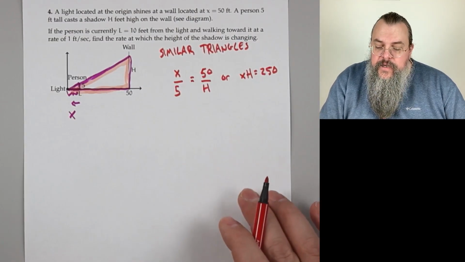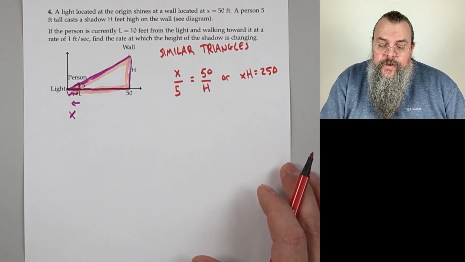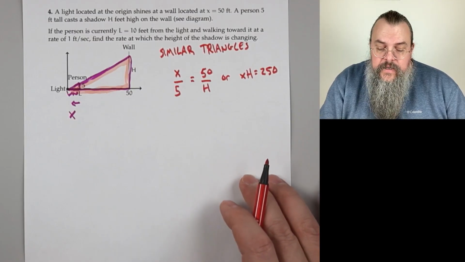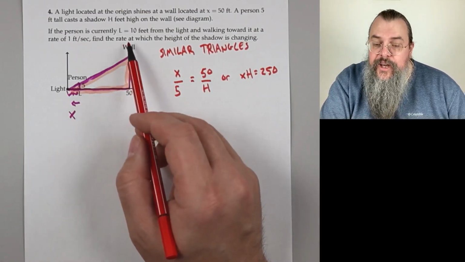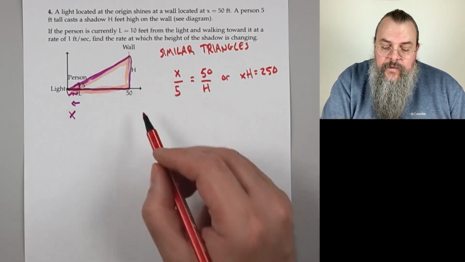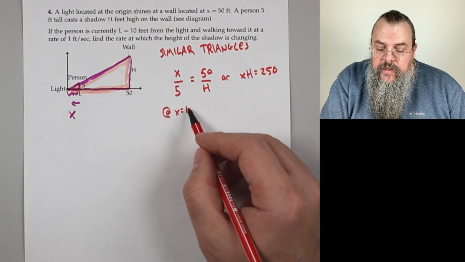All right, so what do we know? Well, we have a couple of things that we do know. So let's mark down what we have. The person is currently 10 feet away, so we know we care about x equals 10.